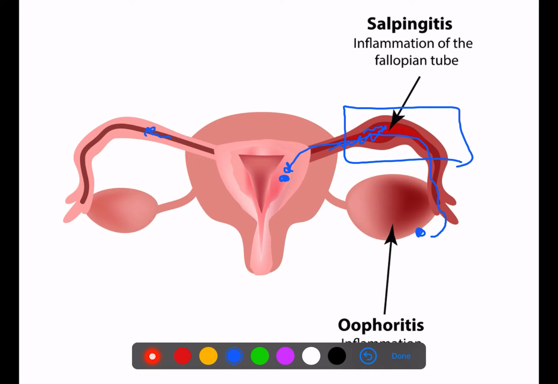Also, there is accumulation of pus called pyosalpinx, and of blood, hemosalpinx, and the inflammation of the salpinx is called salpingitis. Salpingitis occurs in continuity with infection of the uterus. Usually it occurs as this type of inflammation.